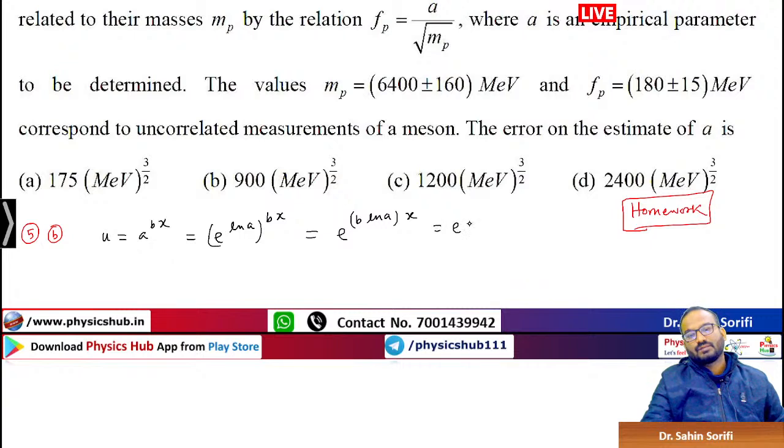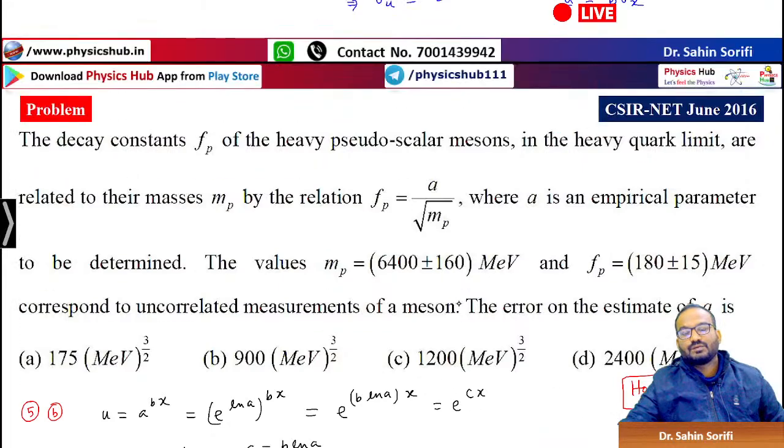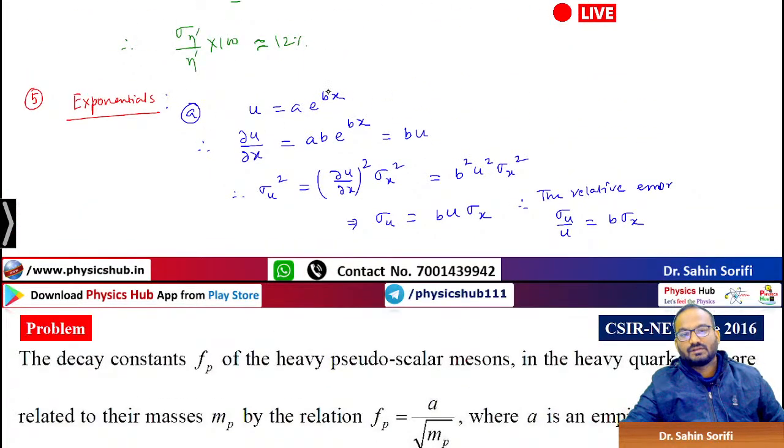We can write e to the power cx, where c is nothing but b times ln a, and the remaining process is the same. You have got it in this format.